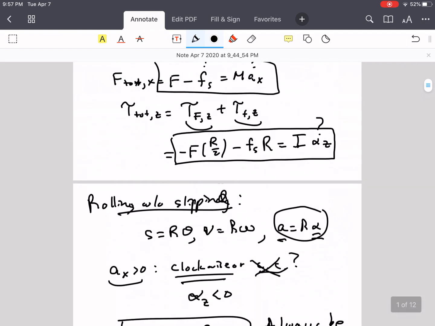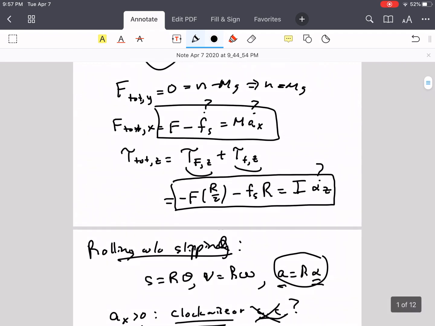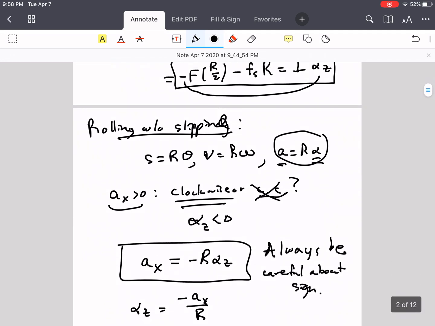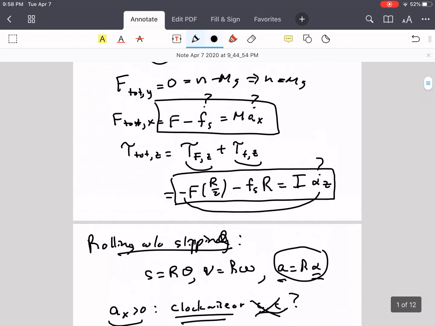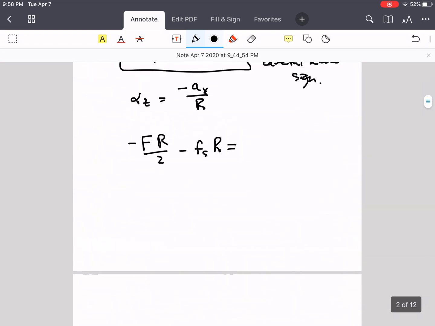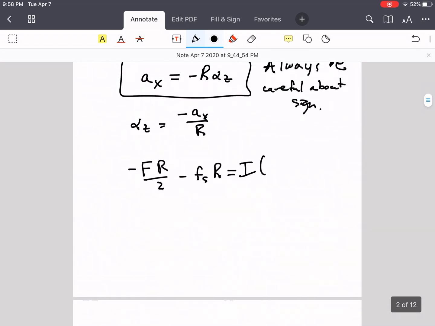Let's plug that into the torque equation. So if I plug that into the torque equation, I get negative capital F r divided by 2 minus Fs times r is equal to I times alpha, that becomes I times negative ax divided by r. All these negative signs cancel each other out.